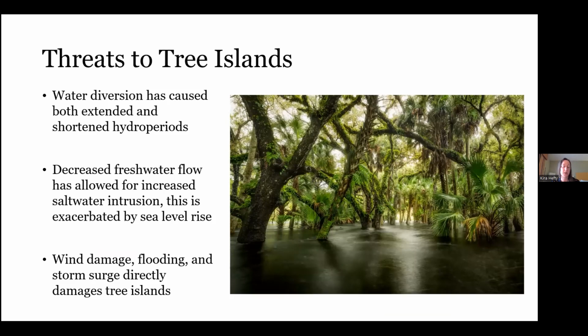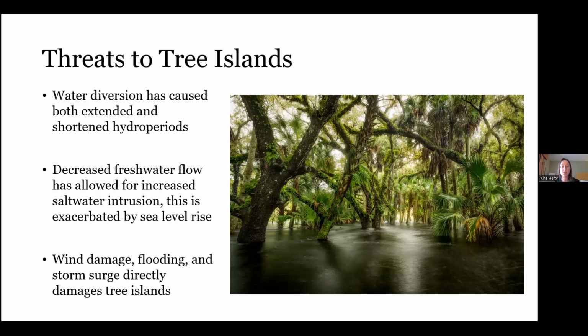Some areas have become wetter, some areas have become drier. In the areas that have become wetter, we're seeing flooding and longer hydroperiods on these tree islands, when some species can only handle inundation of fresh water for 10 to 20 days. Anything longer than that, the roots of these trees begin to die.